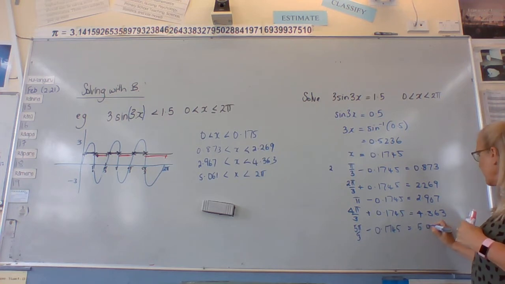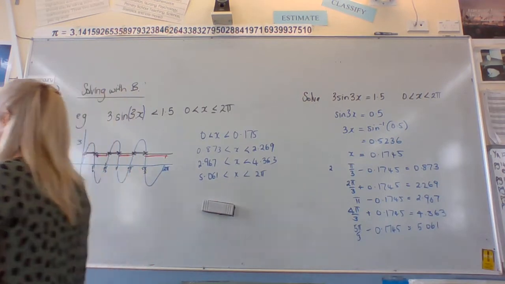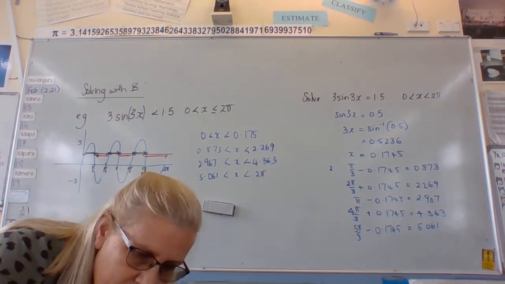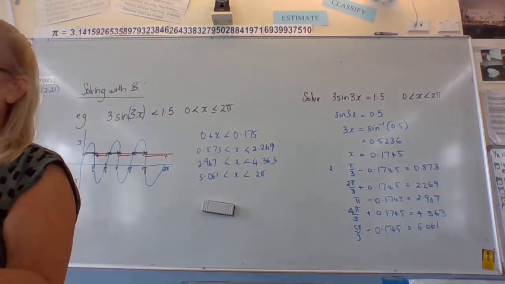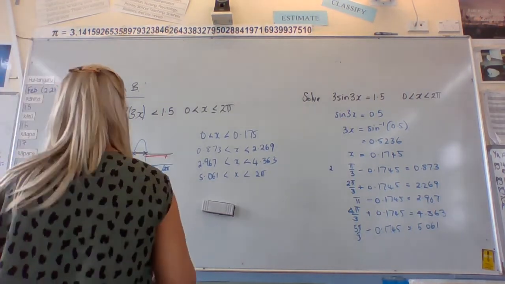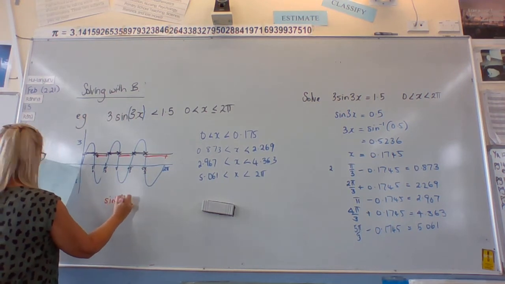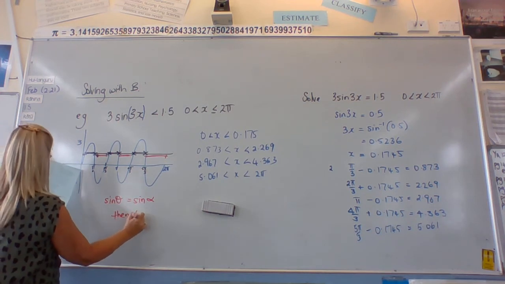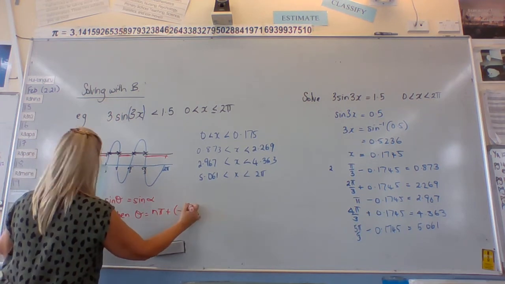So, on the formula sheet, there isn't another one. On the formula sheet that you get in the exam, it says for a sine that the general solution of sine θ equals sine α, then θ equals nπ plus (-1)ⁿ α.